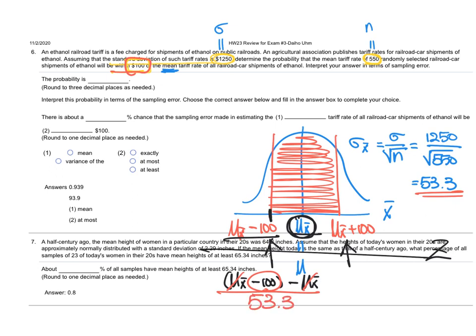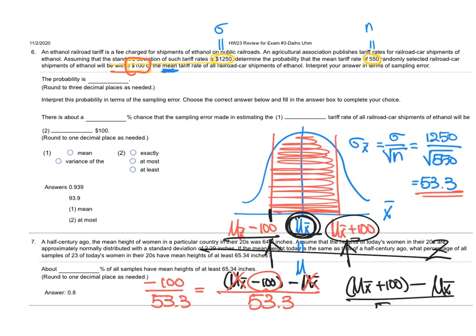So in this problem, even though we don't have the population mean, finally we just cancel out the means. So it will be negative 100 over the standard deviation, 53.3. And the other one is the same thing. The z-score here is the mean, add 100 minus the mean again, right?